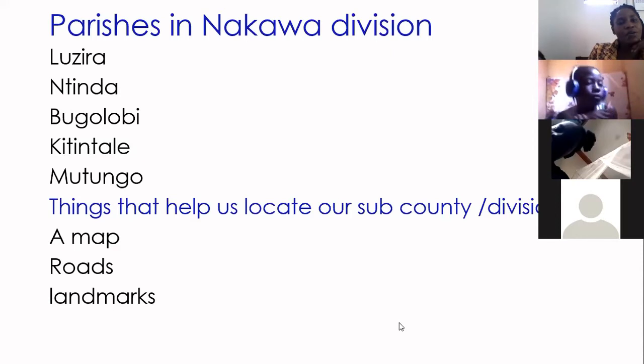The second one we have is Ntinda zone. Then the third one we have Bugolobi. Then the fourth one we have Chitintari zone. Then the last one we have Mutungo zone. Hope we are together, pupils.